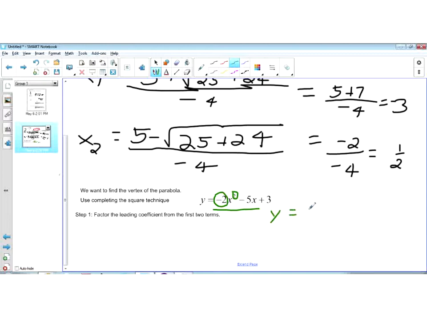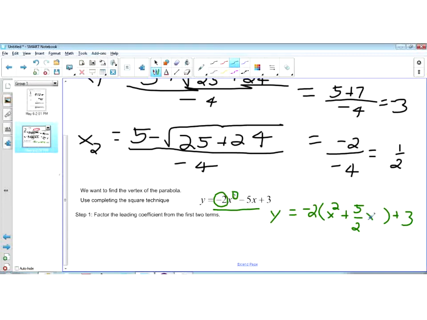When we do that, we get y is equal to -2 times x squared plus 5/2 x, plus 3.